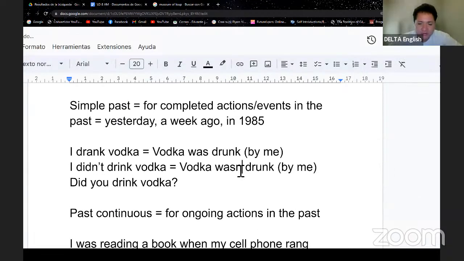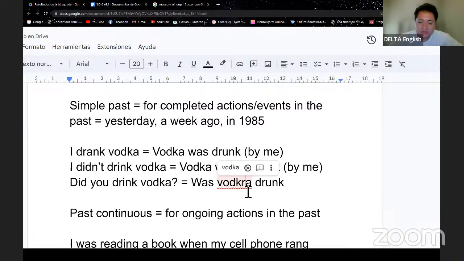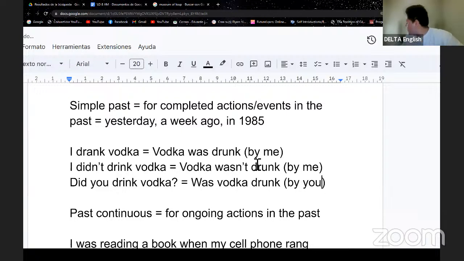Vodka wasn't drunk. Was vodka drunk by you? Okay, this is the passive voice. Questions about the passive?